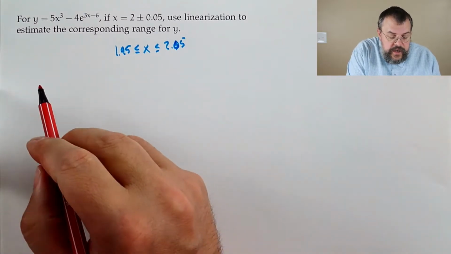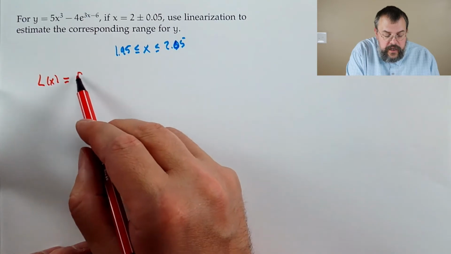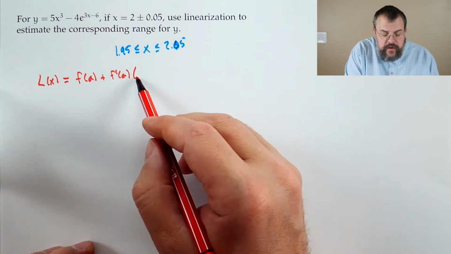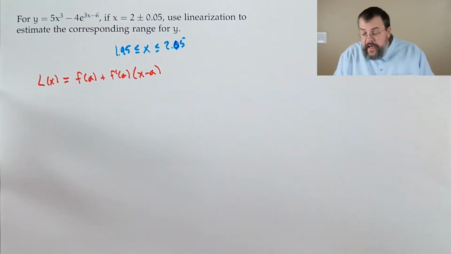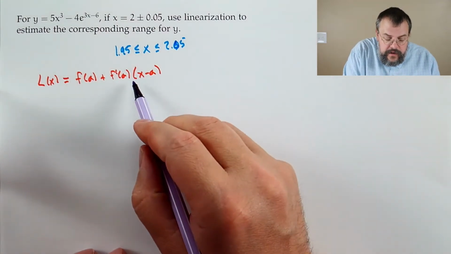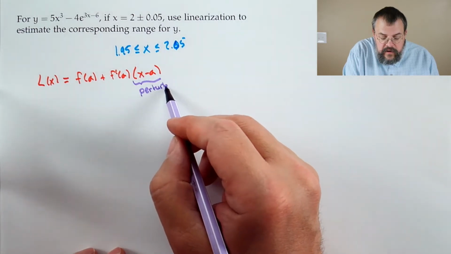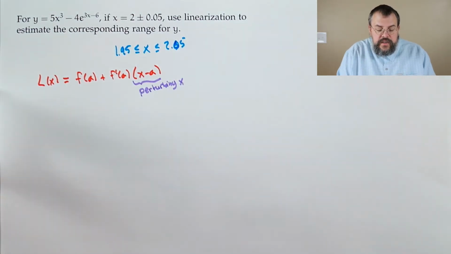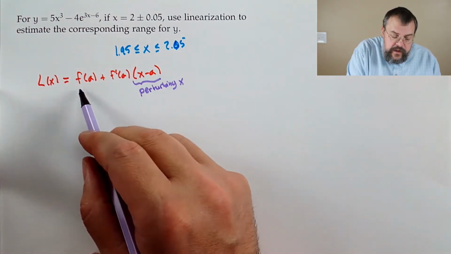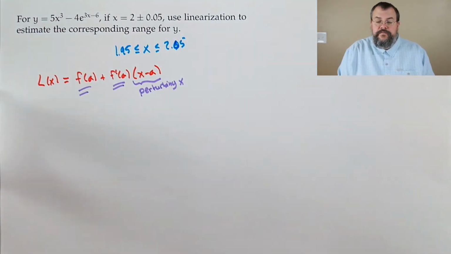We can say our linearization tells us that we have our function at a plus f prime of a times x minus a. Now the x minus a part is the important key to understand what's going on with this problem. This is how much we're perturbing x. And so if I want to understand what's happening to my output, I can say, well, look, this f of a, that's fixed. This f prime of a, that's fixed. And then this is the part that's being perturbed.